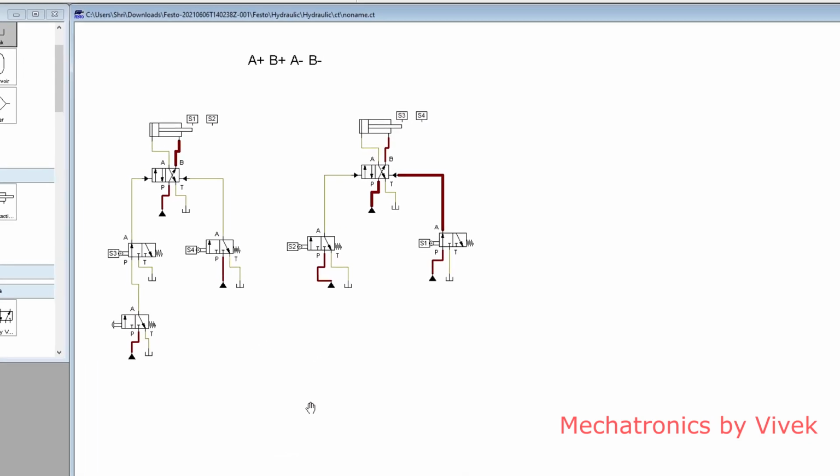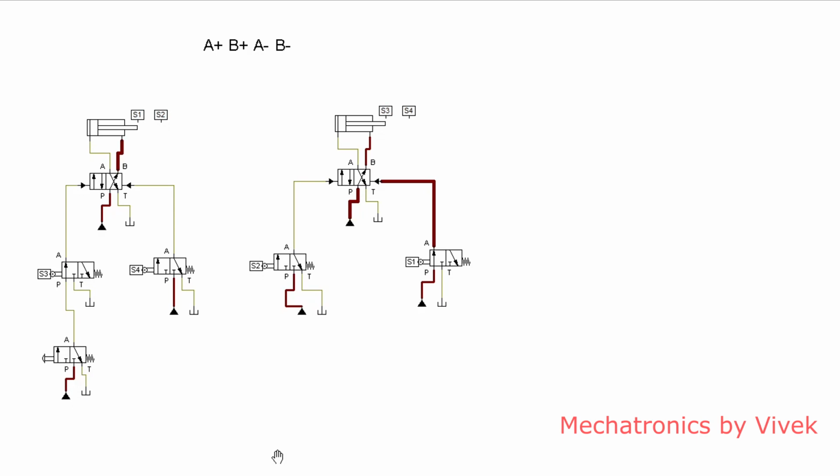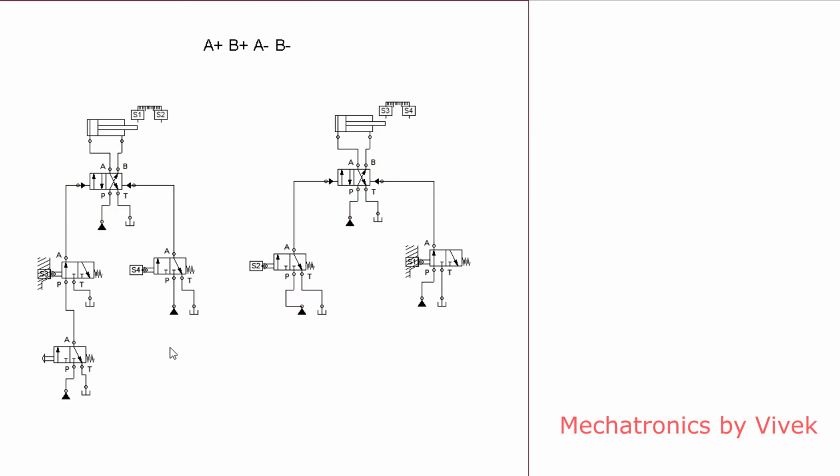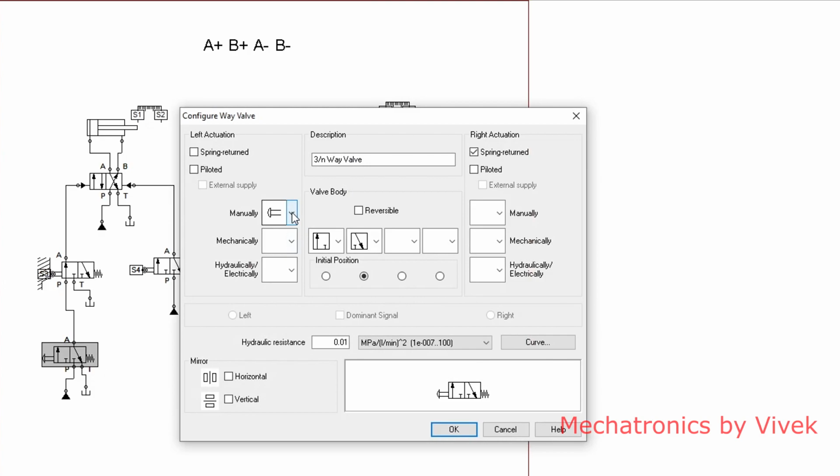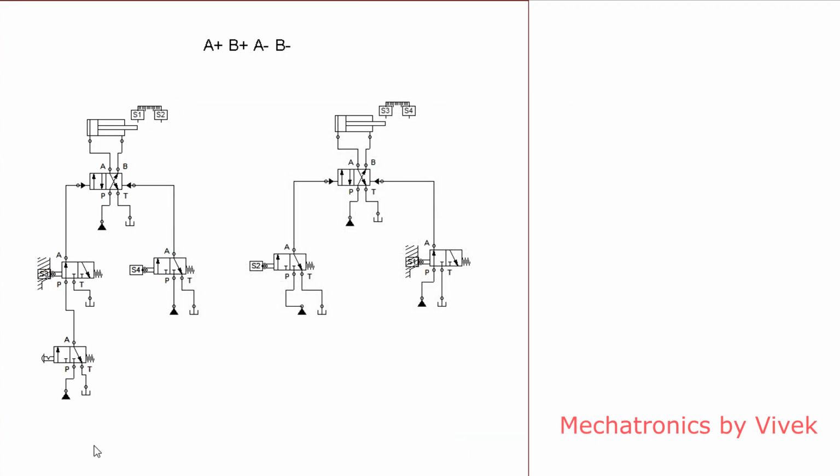Now the next question is, if you want to make it multi-cycle, because as you saw here, when I push this button, it gives you A plus B plus A minus B minus, one cycle. So if you want to make it multi-cycle, what is to be done? There is a method for that. This switch which you have chosen, instead of manual, you choose it as a detent switch. Only a small difference, as you can see in the switch.